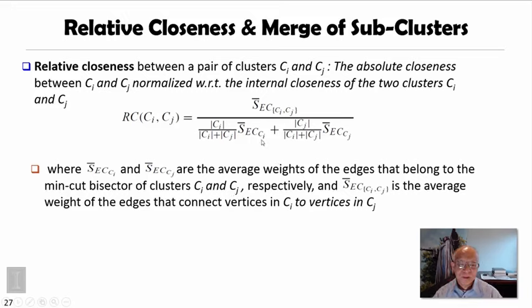That means you look at the min-cut bisector that cuts this cluster, then you find the average weights of those edges. Then you can see the relative closeness is the absolute closeness normalized with their proportionally defined internal closeness.